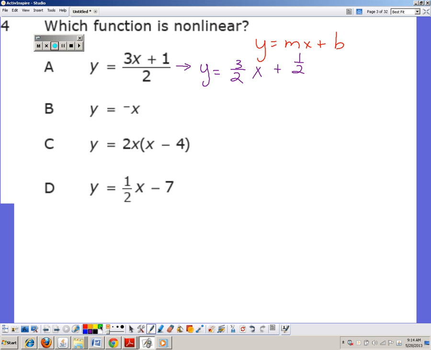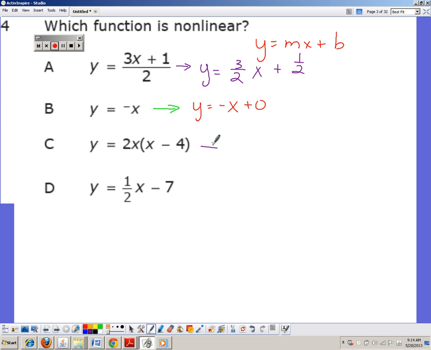In B, y equals a negative x. If there is no b, you assume the b is 0. Again, negative 1 is multiplying the x, and 0 is by itself without a variable. So again, B is a linear function.